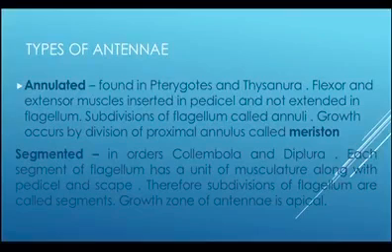Each segment of the flagellum has a unit of the musculature which starts from the beginning of the segment and ends at the last part, that is where the next succeeding segment will start.